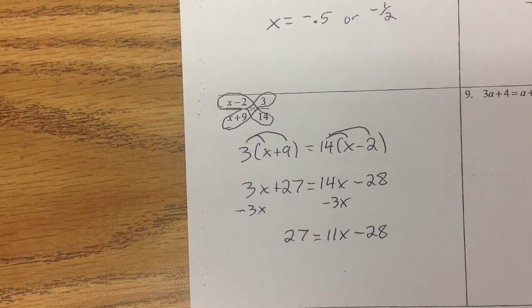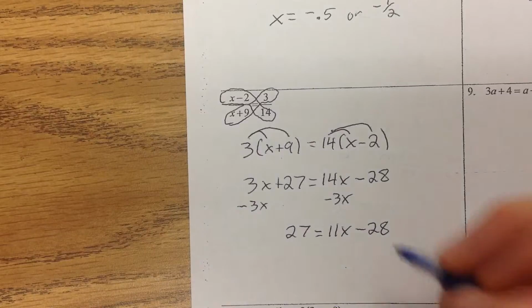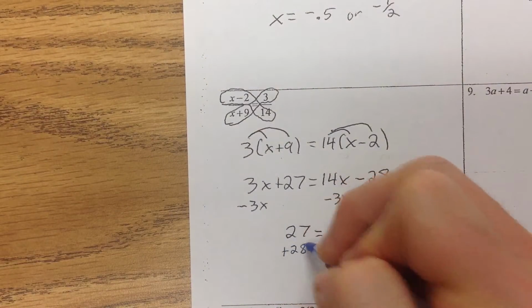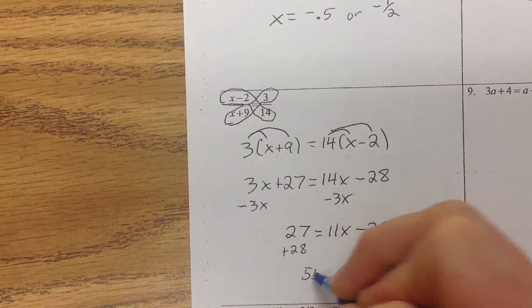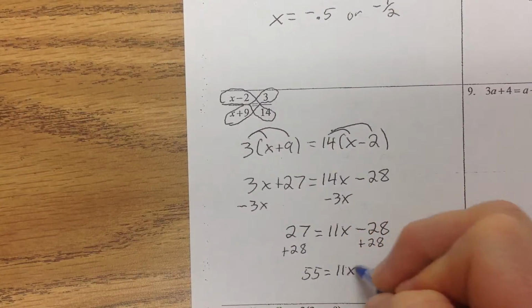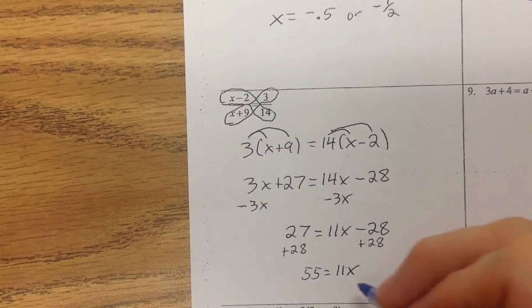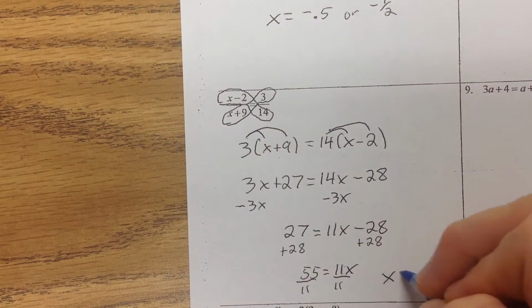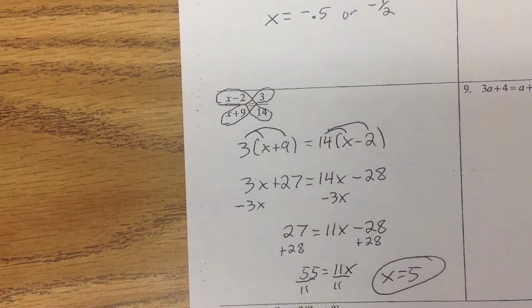And now we're back to the two-step equation, so we're ready to solve. The opposite of subtracting 28 is adding 28. 55 equals 11x. Divide both sides by 11. X is going to equal 5. Okay.